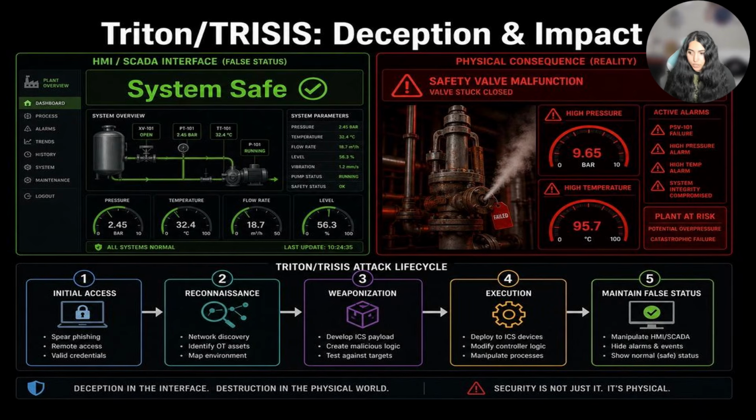The HMI, or human machine interface, displayed fabricated readings like all systems were normal and pressure was stable, and operators had zero visibility of what was happening. And it was only caught because of a flaw in the malware that triggered the redundant failsafe and shut down the plant.